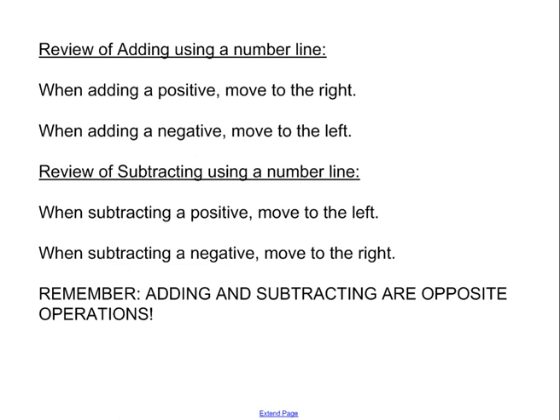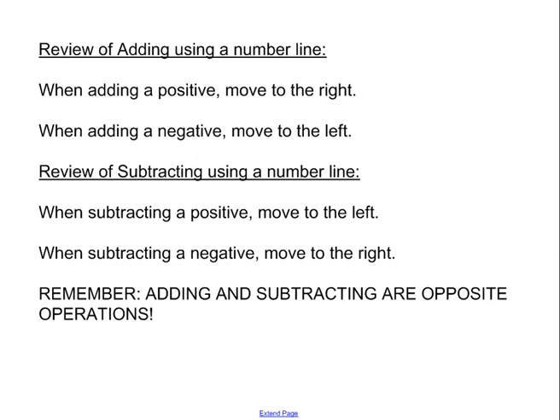And then subtraction works the opposite, because remember, adding and subtracting are opposite operations. So that means if we're subtracting something positive, we're actually going to move to the left. Subtracting a positive is really like our normal subtraction. So something like 7 minus 5, right? We're used to that. We've done that for years.